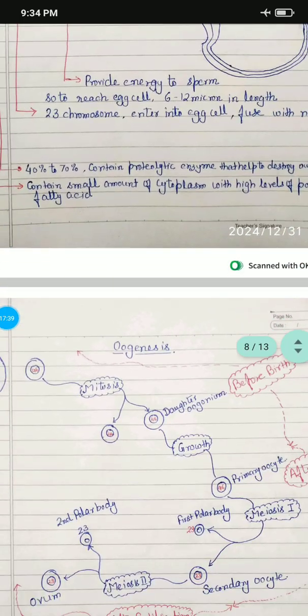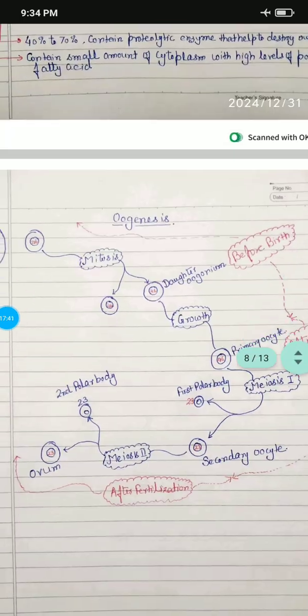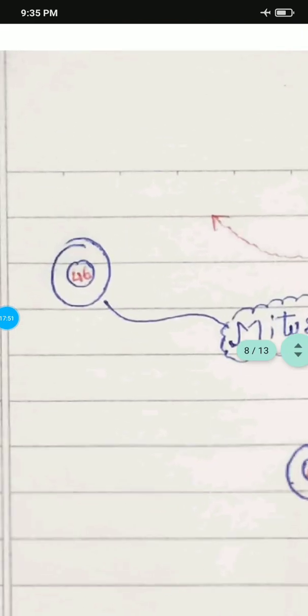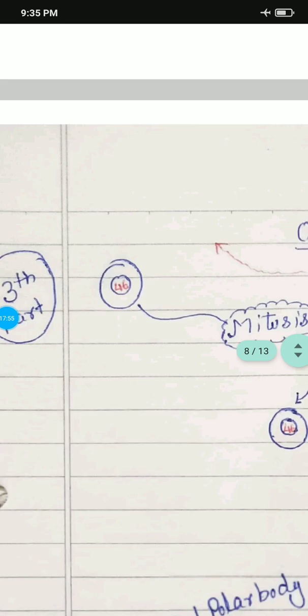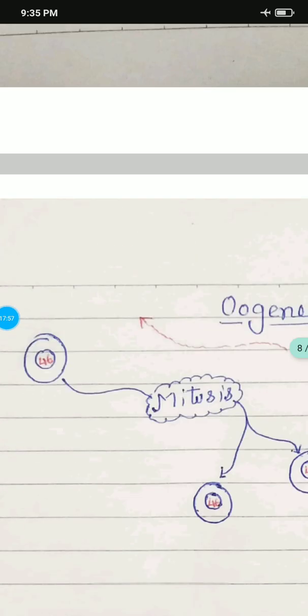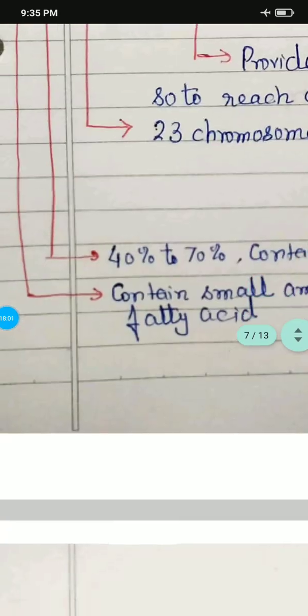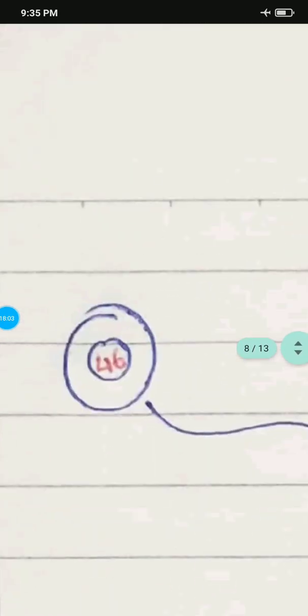So we go for the next one, that is oogenesis. Oogenesis is the formation of oocytes, oogonia, that is, the formation of the ovum. Starting there, 46 chromosomes are present in the mother cell, which is just like, as an example, the spermatogonium; this portion is called the oogonium.